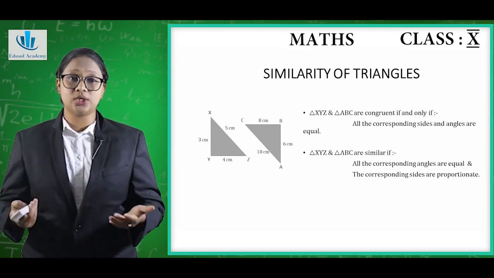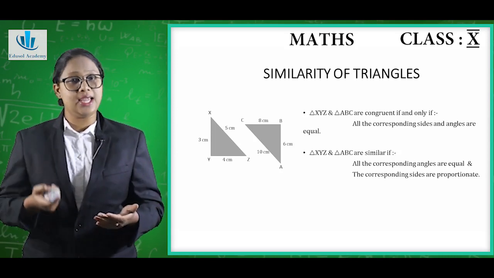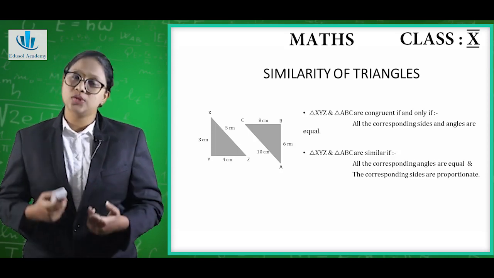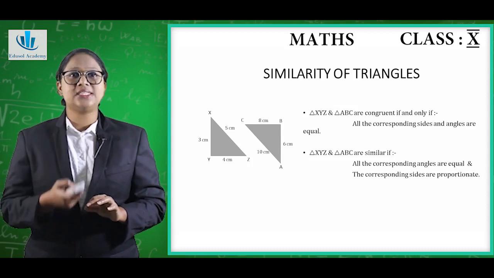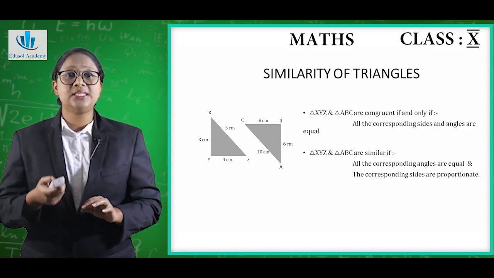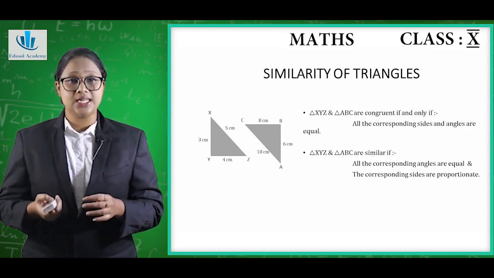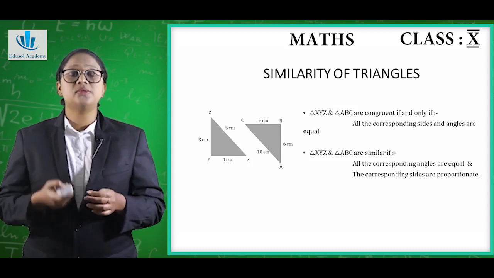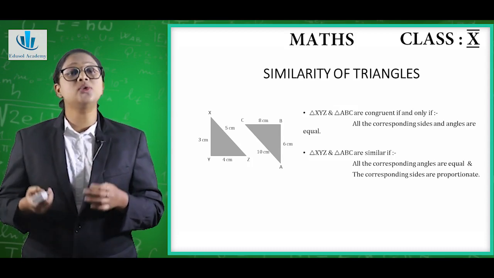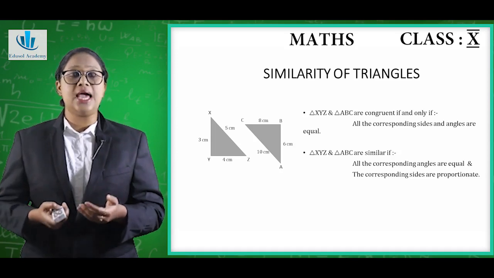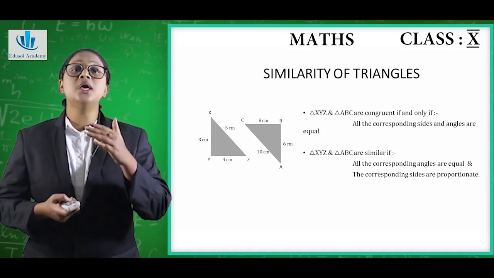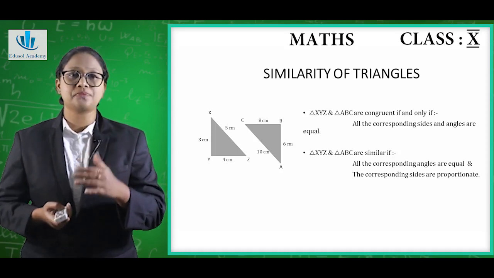Again, the ratio is 4 by 8 or 1 by 2. Similarly, for the third set of corresponding sides, that is XZ by AC, AC is 10 and XZ is 5. So 5 by 10 is equal to 1 by 2 again. So that is the concept of similarity, and that is the main difference between congruence and similarity.